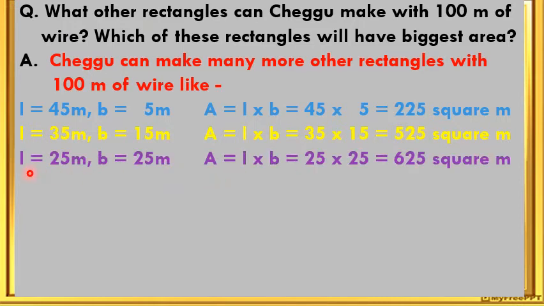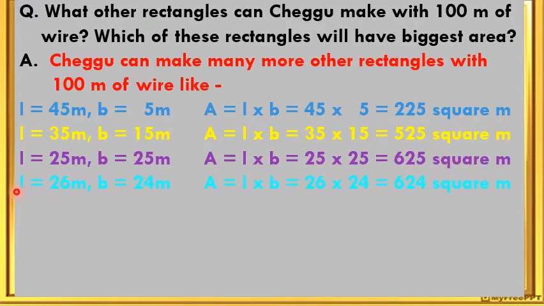Third one, suppose if length is 25 meters and breadth is also 25 meters, that is 25 plus 25 plus 25 plus 25 forms 100 meters long wire. Area is length multiplied by breadth, that is 25 times 25 is 625 square meters.